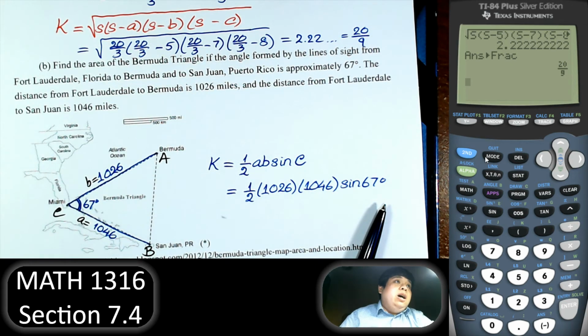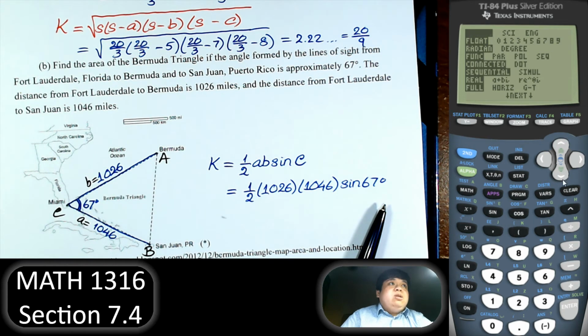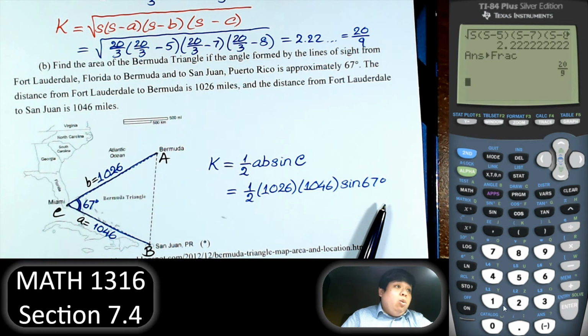Right. Make sure you're in degree mode. The only thing we need. Right. 1/2 or 0.5 times 1026, times 1046, and then sine of 67 degrees.